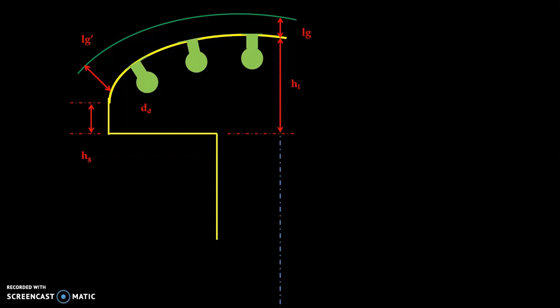So during design, we need to find out total number of damper bars, diameter of each damper bar, and length of each damper bar. This way we can design our damper winding. So position must be clear, and what exactly we are going to design during this designing work should be very much clear in the mind.